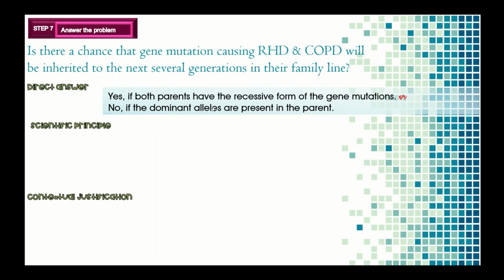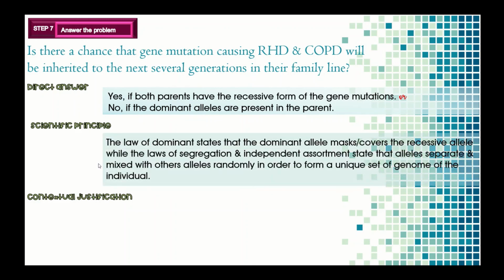Yes, if both parents have the recessive form of the gene mutation, or no, if the dominant alleles are present in the parent. For the scientific principle, the law of dominance states that the dominant allele masks or covers the recessive allele, while the laws of segregation and independent assortment state that alleles separate and mix with other alleles randomly in order to form a unique set of genome of the individual.